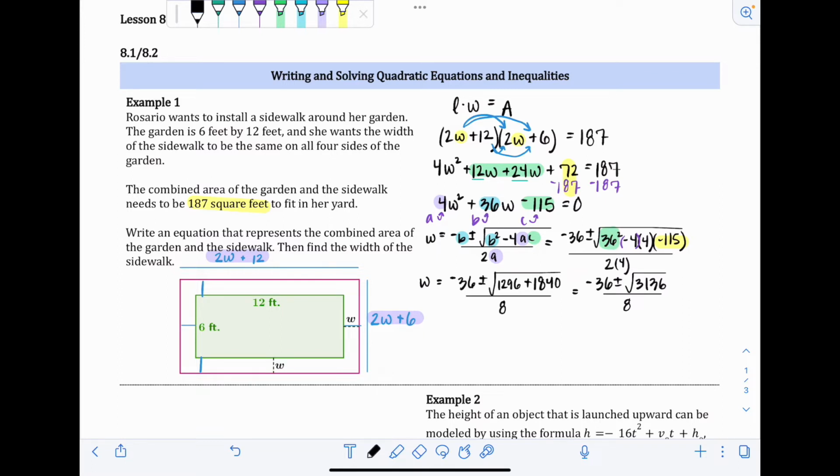So for the square root of 3,136, oh, it's a perfect square. That's cool. Okay, sorry, I didn't know that. 3,136, if you square root it, it's 56. So that's nice. So this becomes negative 36, and then plus or minus 56 over 8.